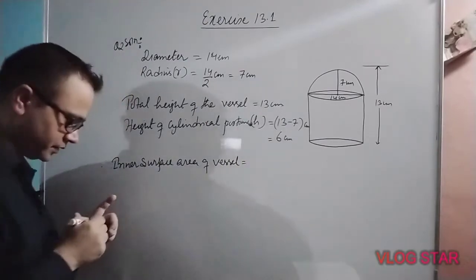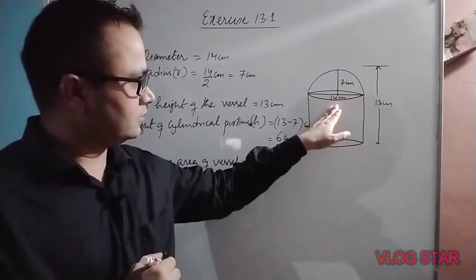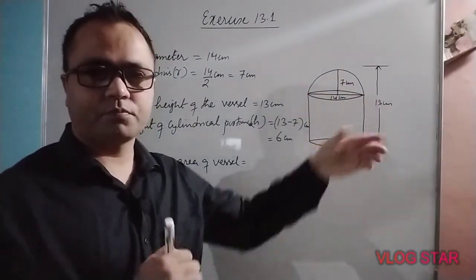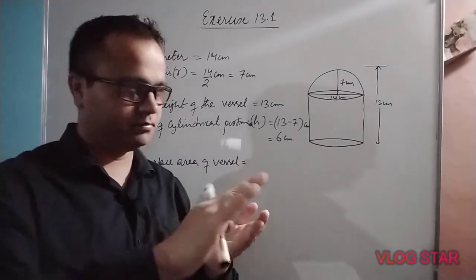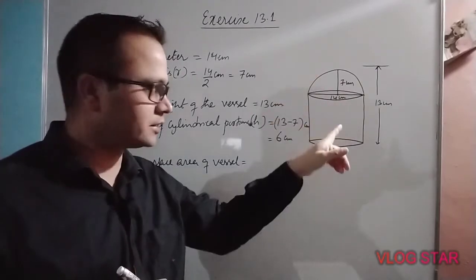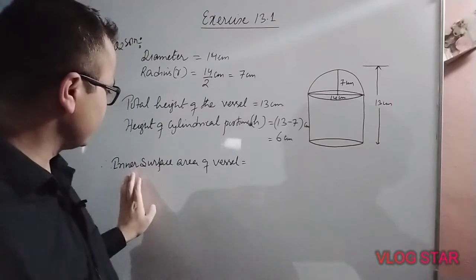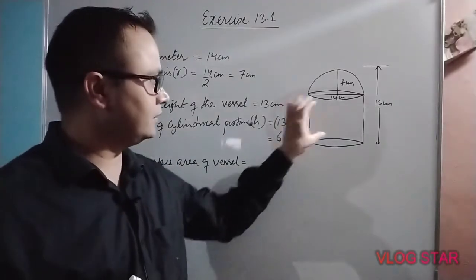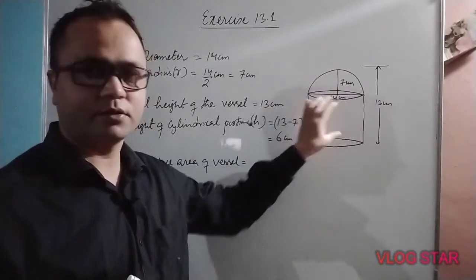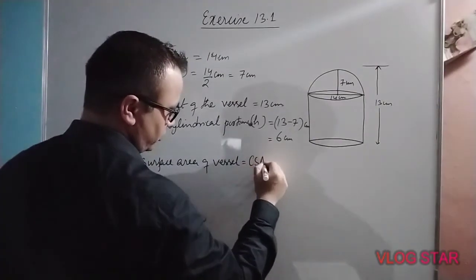For the inner surface, the hemisphere is hollow, meaning there is no flat surface, and the cylinder is also hollow, so it also has no flat surface. So the inner surface area of the vessel will be CSA of cylinder plus CSA of hemisphere, where CSA means curved surface area.